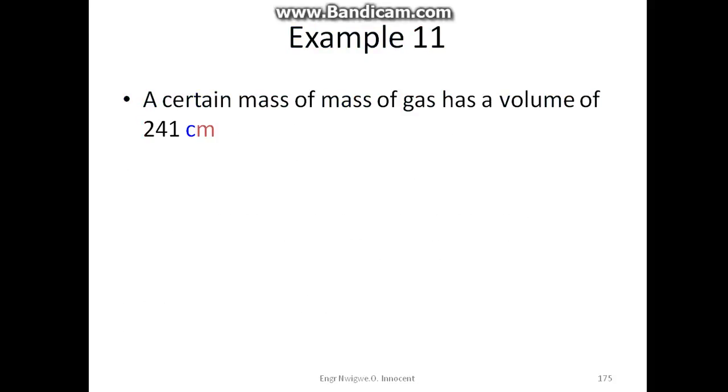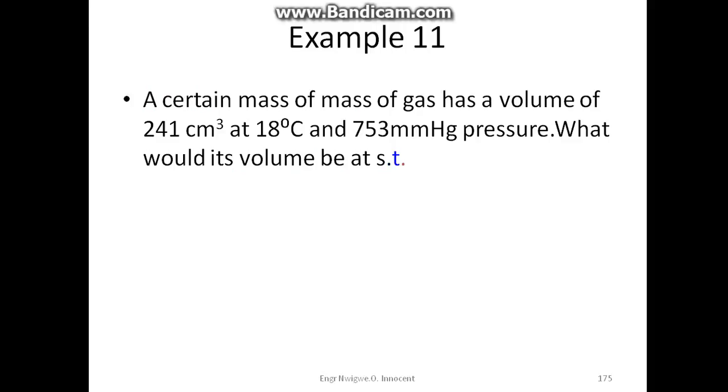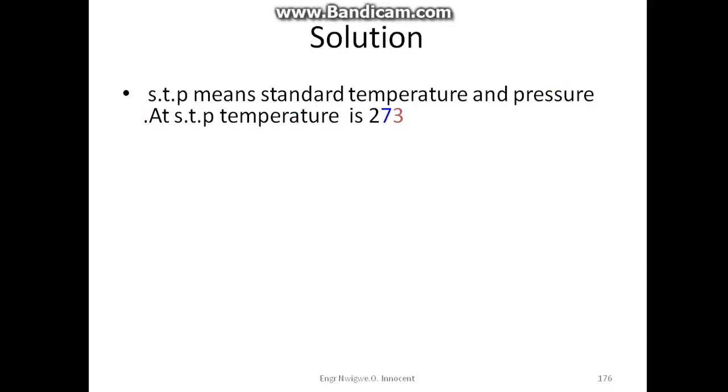Example 11. A certain mass of gas has a volume of 241 cm cube at 18 degrees centigrade and 753 mm of mercury pressure. What will its volume be at STP? Solution. STP means standard temperature and pressure.